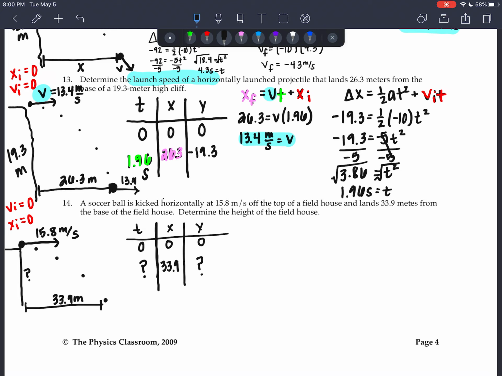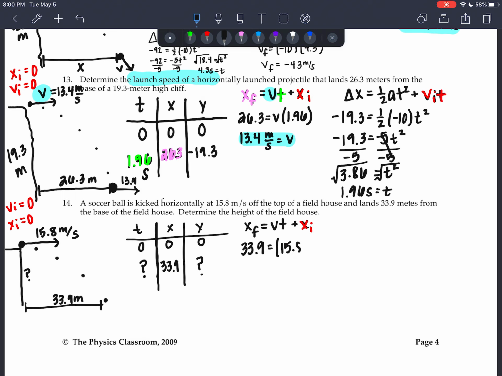So let's start by trying to find time. I'm going to use my constant velocity equation. And remember that this xi can be ignored if my initial position is 0, which in this case it is. So I'm going to plug in what I know. My final position is going to be 33.9 horizontally.